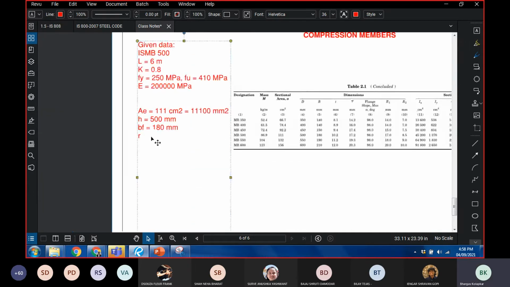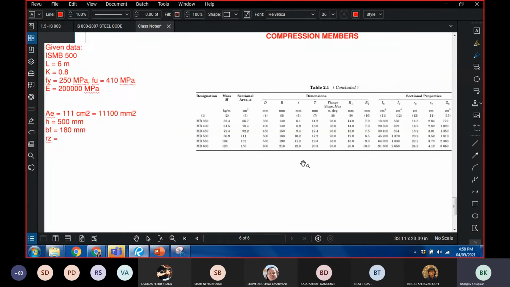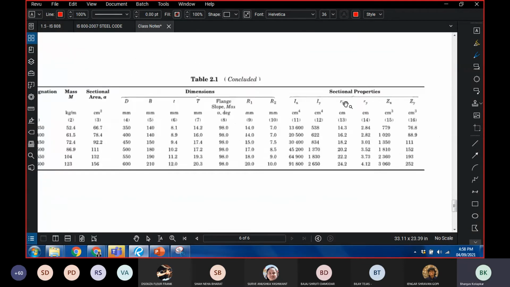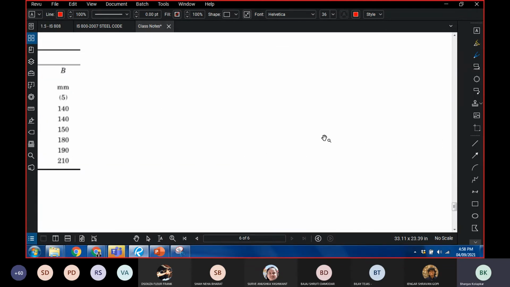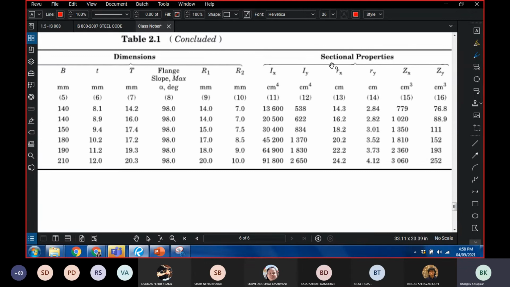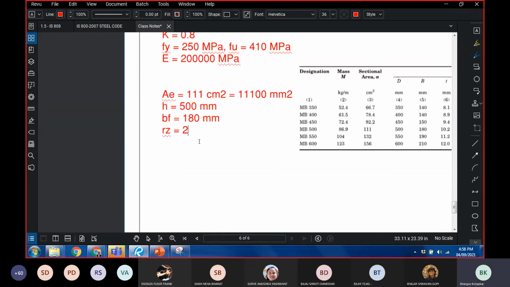And therefore, our Rz is equal to, it is Rx here, for ISMB 500 it is this, so Rz is 20.2. Again, this is in centimeters. So 20.2 centimeters is equal to 202 mm.